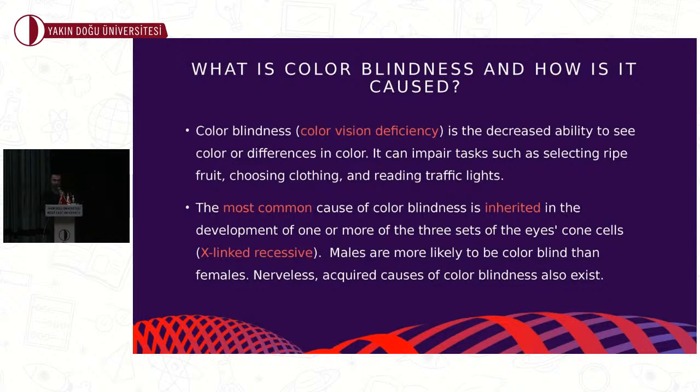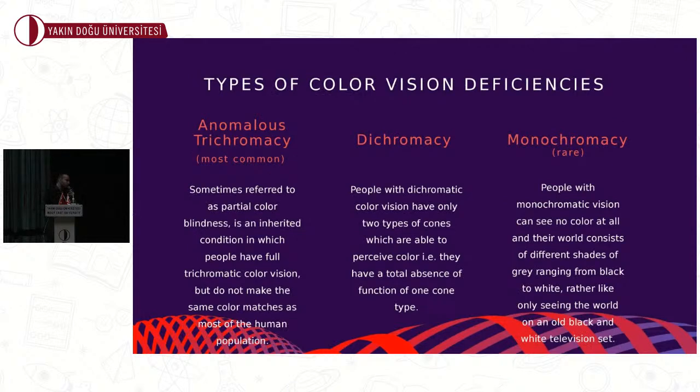So we have three types of color vision deficiency or color blindnesses. We have anomalous trichromacy, we have dichromacy, and monochromacy. In simple terms, anomalous trichromacy means that you have all three cones, but one of them is weak. However, dichromacy means you have two cones and you are completely missing one cone.